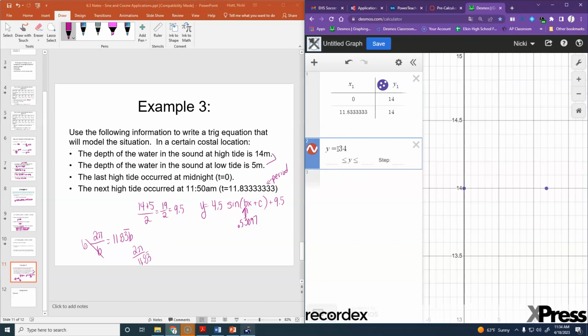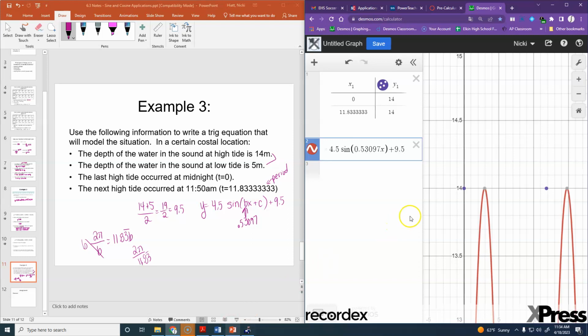So if I type that in, y equals 4.5 sine b, 0.53097x plus 9.5. Actually, let's think about this a little bit. I used sine. What would be better to use if my high tide is at midnight at 0? Let's change this to cosine.